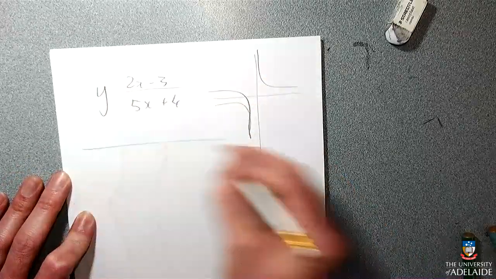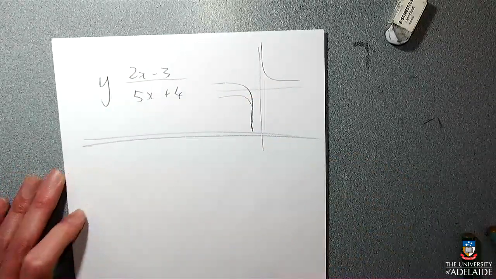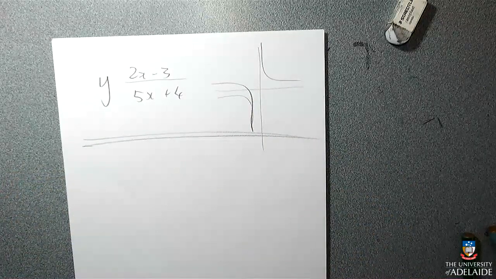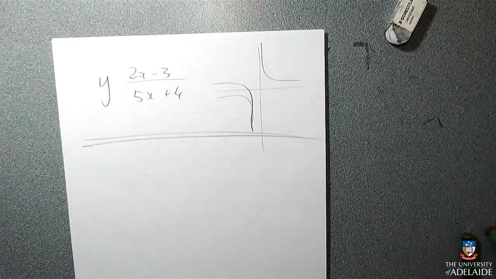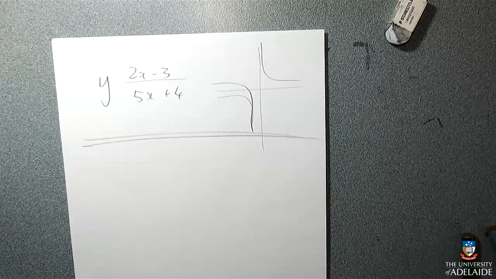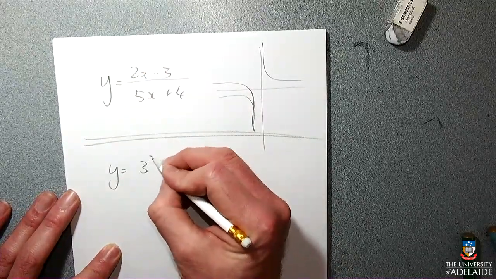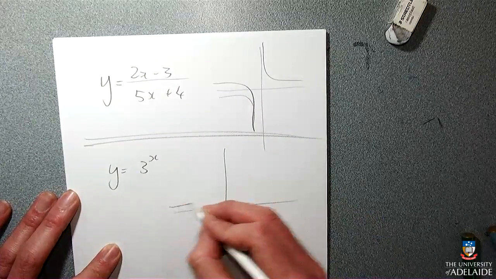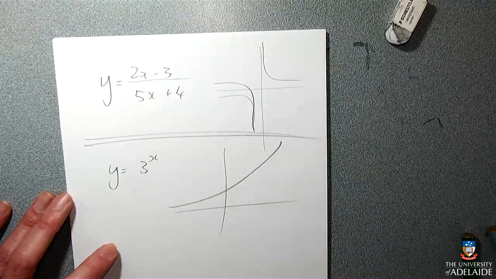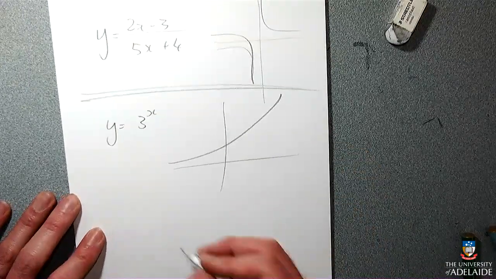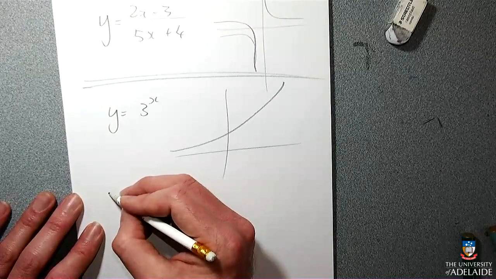That was a good thing to have for a bit. It's good to know that. There's some functions that they'd like to choose. Other than that, e to the power of x, y equals anything to the power of x, tends to be this shape and get bigger and bigger as it goes that way. And did you do logs?